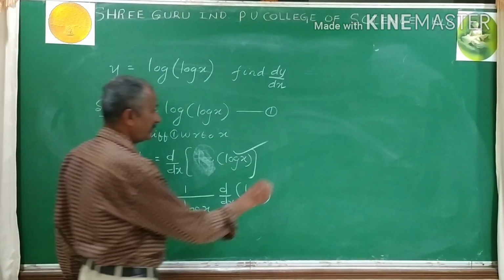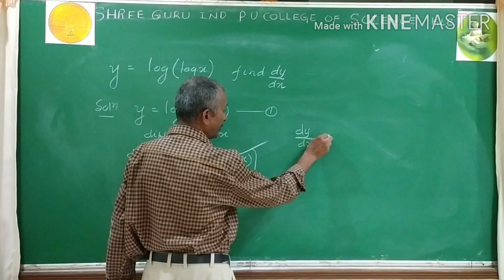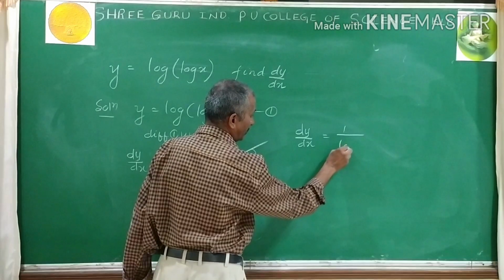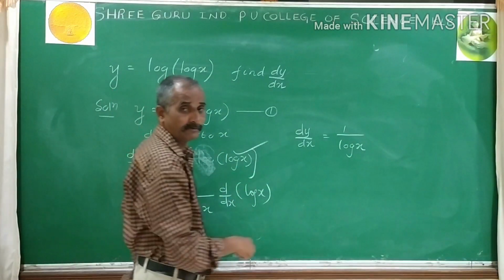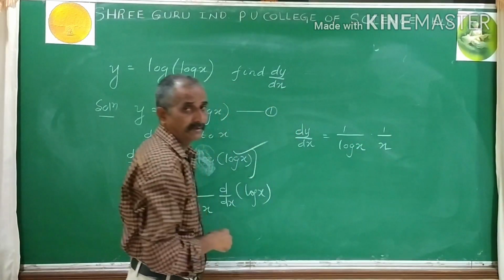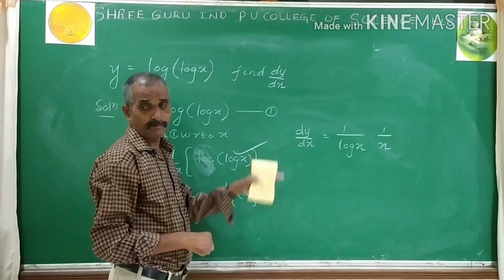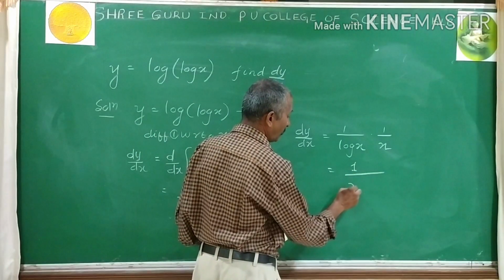That is, dy by dx equals 1 divided by log x multiplied by the derivative of log x, which is given by 1 by x. Lastly, in simplest form, it can be written as 1 divided by x into log x.